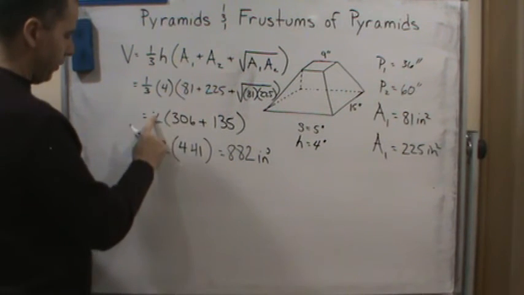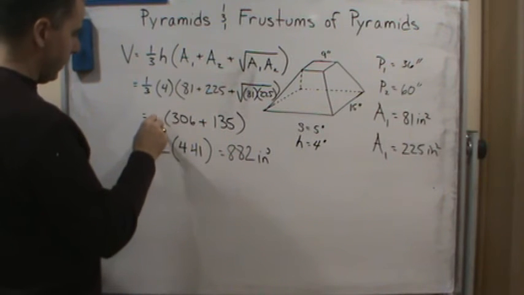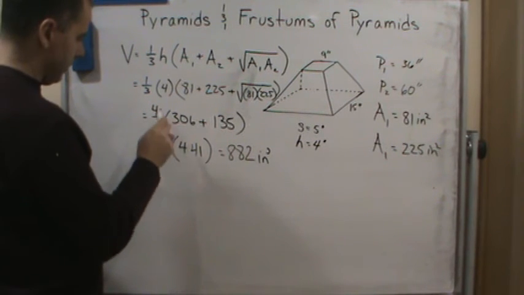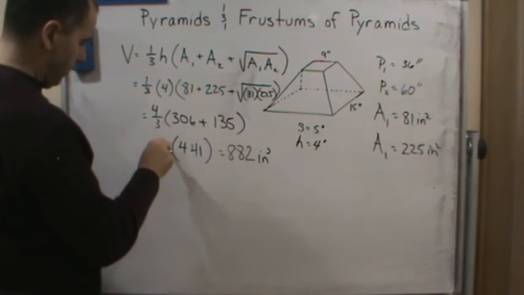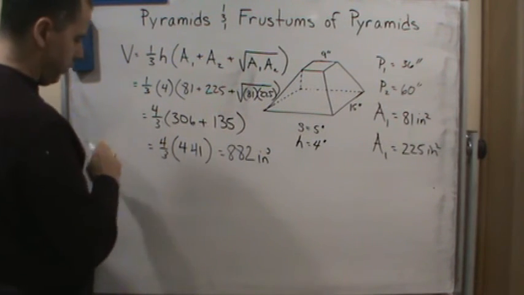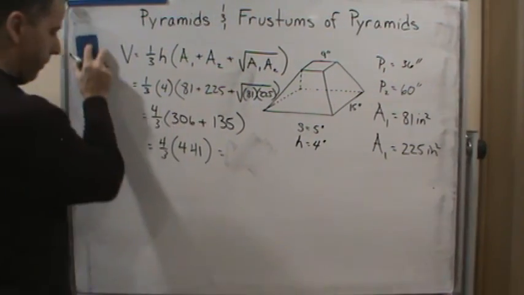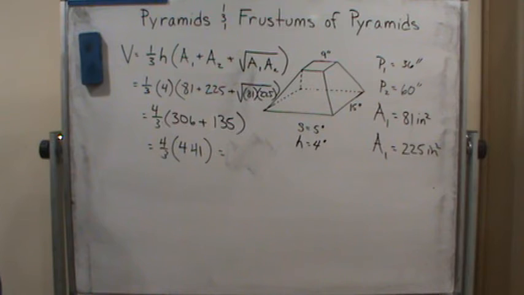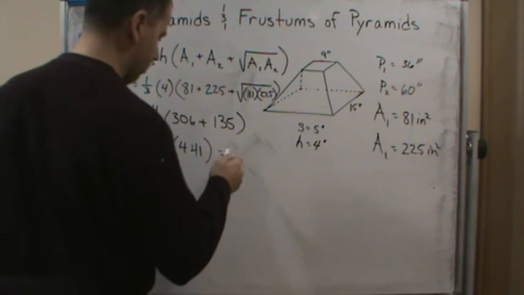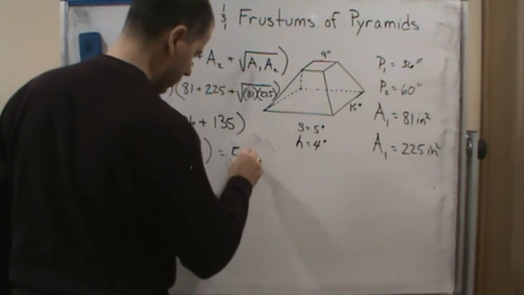So it's 1/3, so this is going to be 4/3, and that's going to be equal to 588. Sorry about that.